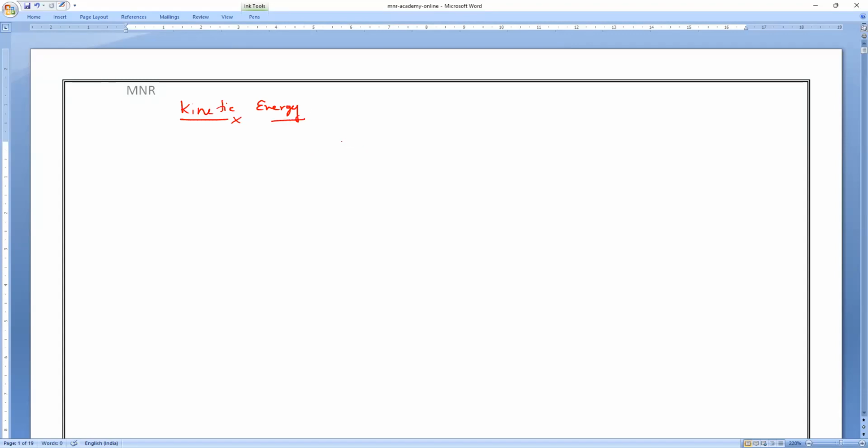So due to the motion of the body, that is what we used to say, by virtue of its motion, we used to call it kinetic energy. As I told you, the kinetic energy formula is equal to half into m into v square.